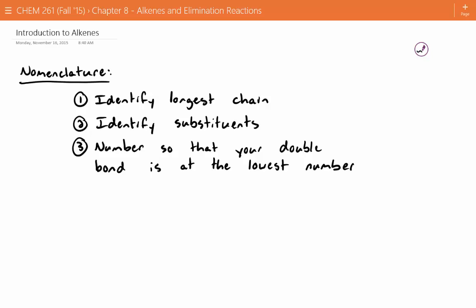When we were naming alkanes, I said that we want to number it to minimize numbering. With alkenes, the rules are different. With alkenes, our main goal is to make sure that our double bond has the lowest numbering. That's the trump card here.